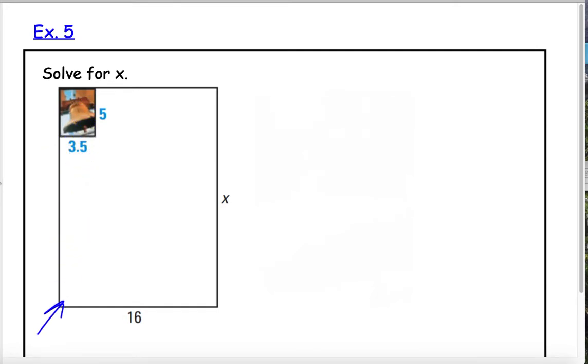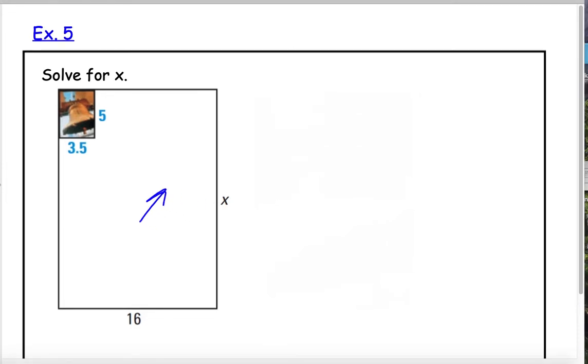We want to enlarge it, and our poster is going to be 16 by something. We don't know how tall it should be. So the 3.5 matches up with the 16, and the 5 matches up with the x. Let's write a proportion like the opener and figure out what x should be. So we have 3.5 matches up with 16, and that'll equal 5, which matches up with x.